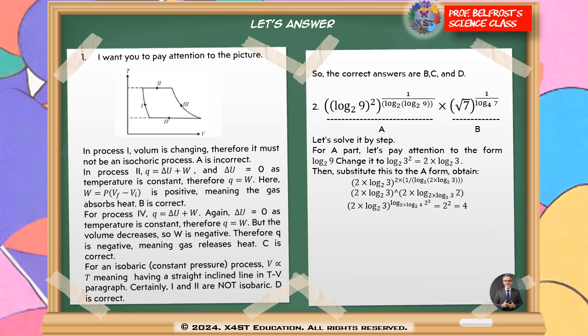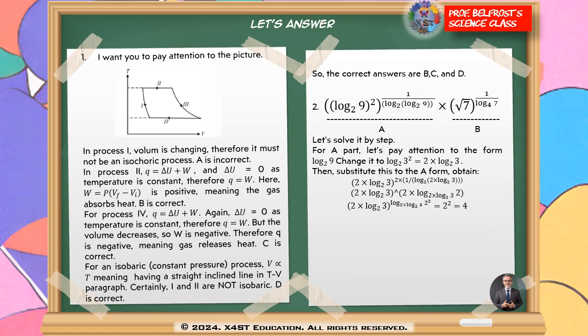And tada! We have the last expression. You see, 2 times log base 2 of 3 to the power of log base 2 of 3 of 2 times 2.